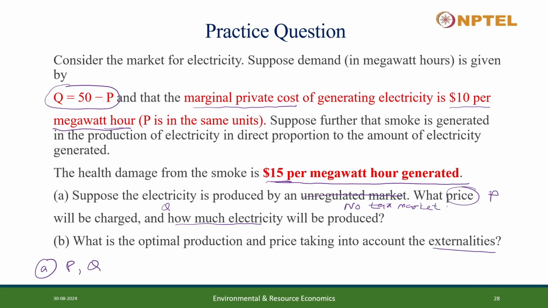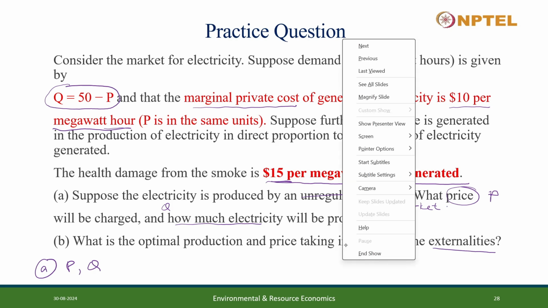The demand function is given as 50 minus P, right? If I have to draw the demand curve, how will that look? Downward sloping.